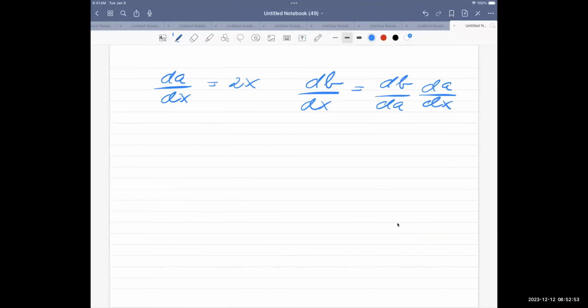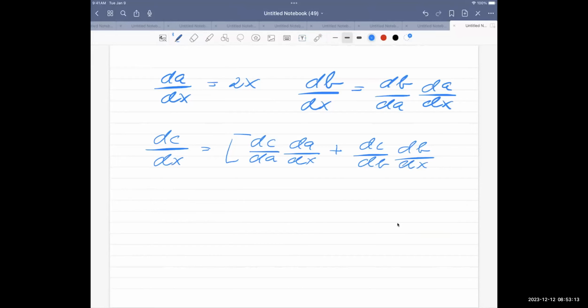If I then look at dc/dx here, this would now contain dc/da times da/dx plus dc/db times db/dx. And the last one here, where we see now that dc/da is the same as dc/db, equal to 1 here.